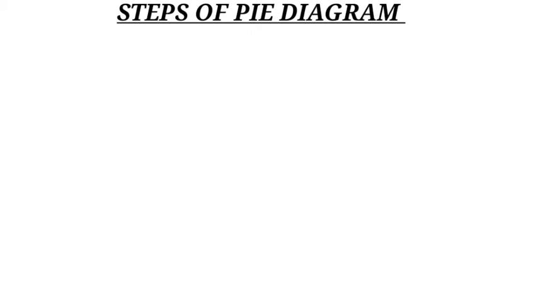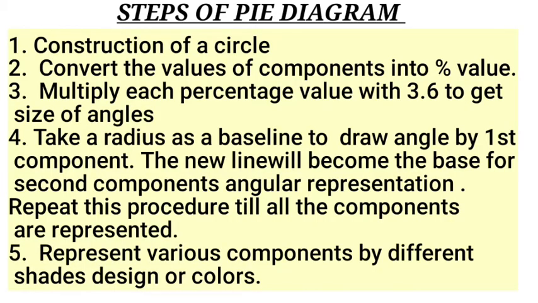The first step is that with the help of a compass, you have to make one circle, and you have to give a heading also. Now, convert the values of the various components of the given data into percentage values of the total.